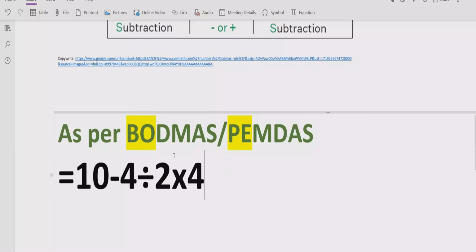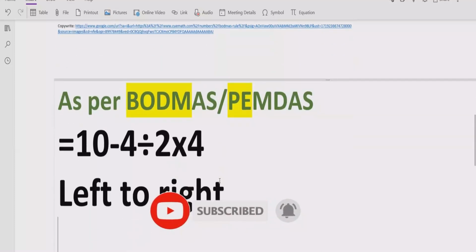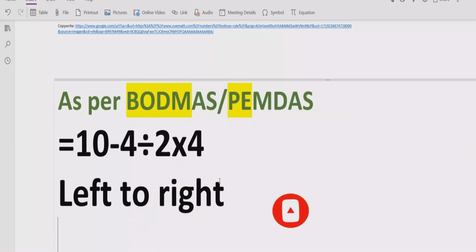Now, what is step number three? Step number three is to find division and multiplication. First, we go left to right in our expression and find division and multiplication. They both have similar precedence. First, we have the division here, so we will solve this part first.